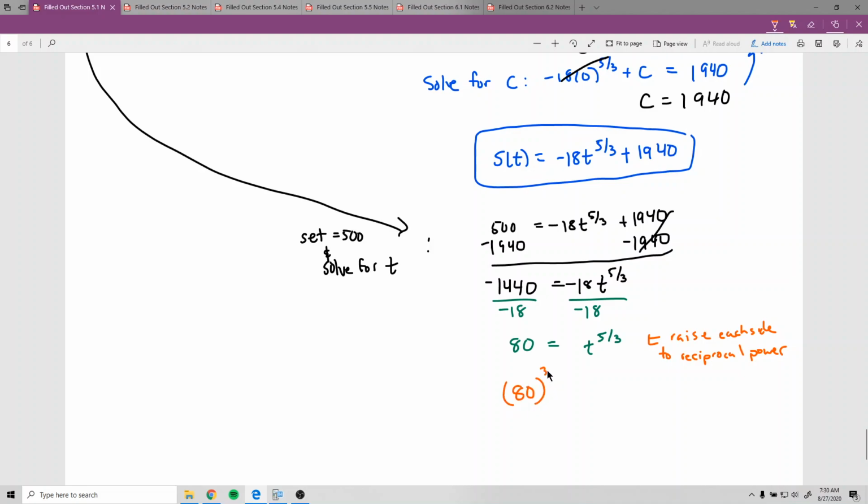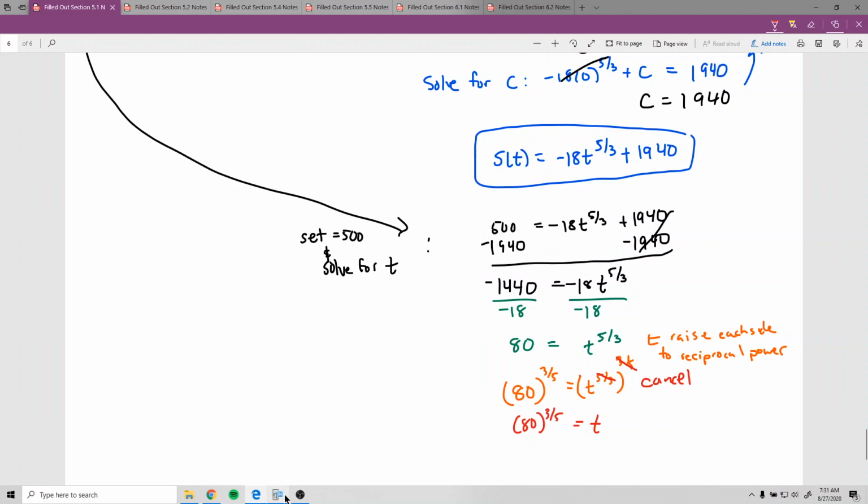So what I mean is if we raise each side to the reciprocal of this 5/3 power, which is 3/5. Right, the reason this works is because the exponent rule here says you multiply them. And when you multiply 5/3 times 3/5, they cancel. That's why we do that. So we've got t equals 80 to the 3/5 power.